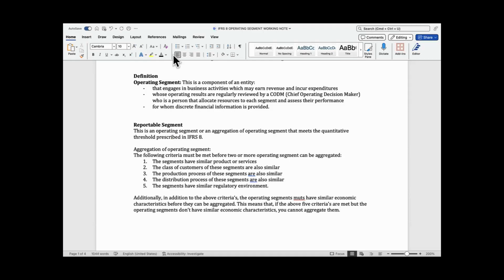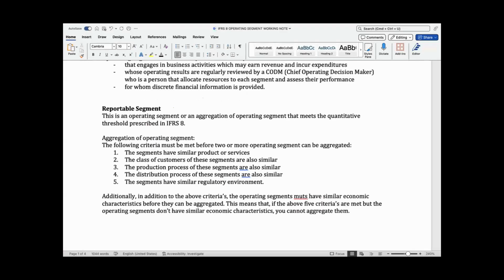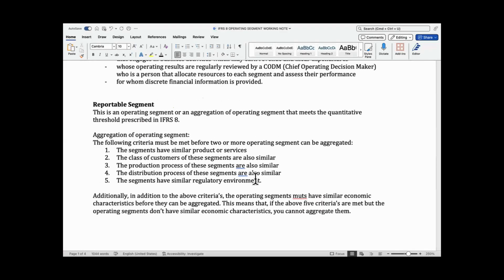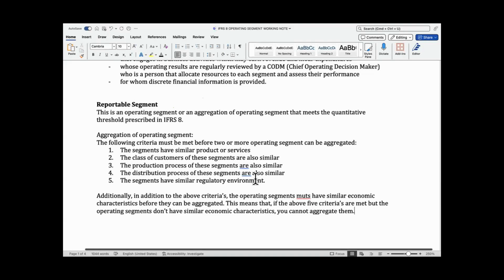And when we say economic characteristics, you are talking about having similar productive performance or performance indicators. The two of them must either be profitable or the two of them must be a loss-making center.